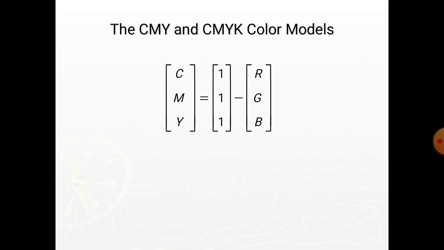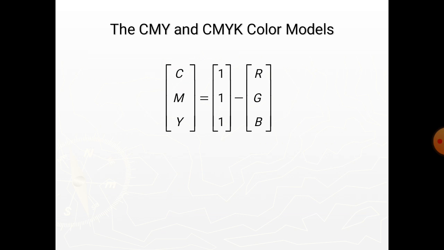Cyan subtracts red light from the reflected white light, which itself is composed of equal amounts of red, green and blue light. Most devices that deposit colored pigments on paper, such as color printers and copiers, require CMY data input or perform an RGB to CMY conversion internally.